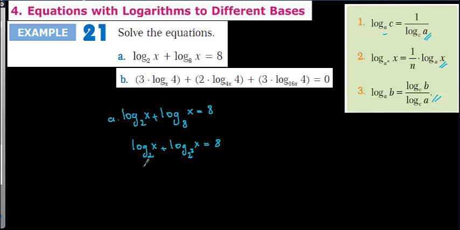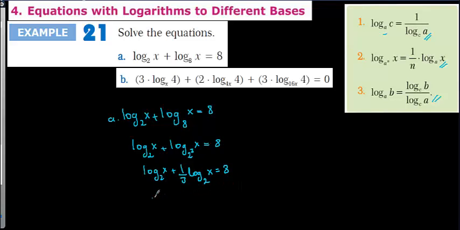It's going to be logarithm base 2 of x plus 1 over 3 logarithm base 2 of x is equal to 8.